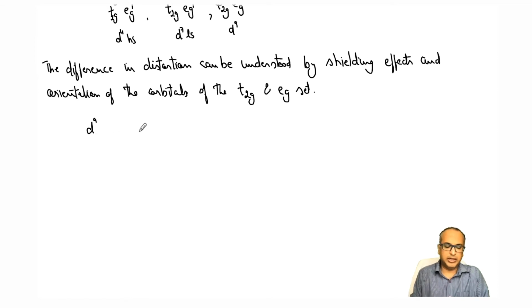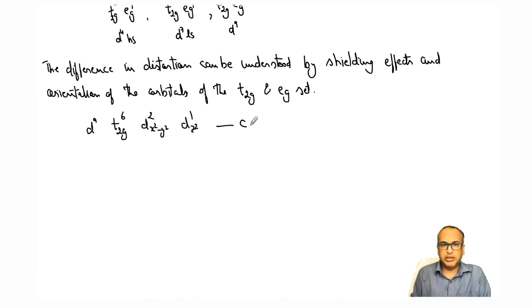Okay, so let us take the example of D9 and see what the different degenerate possibilities are. For D9, we can say this will be T2G6, and EG can be further broken into dx square minus y square 2 and dz square 1.